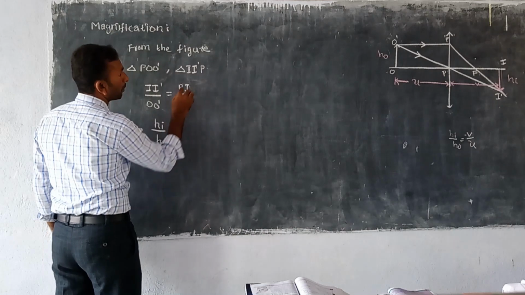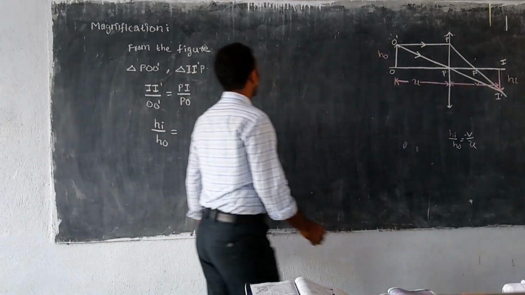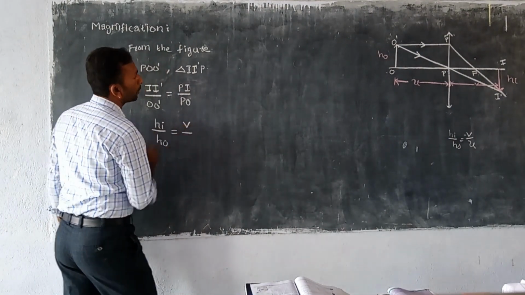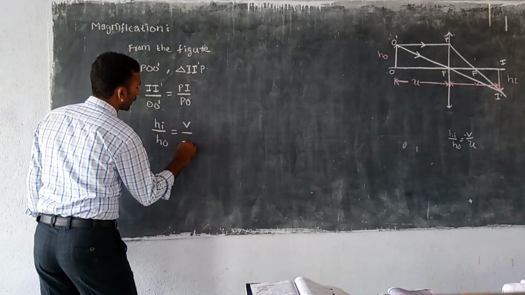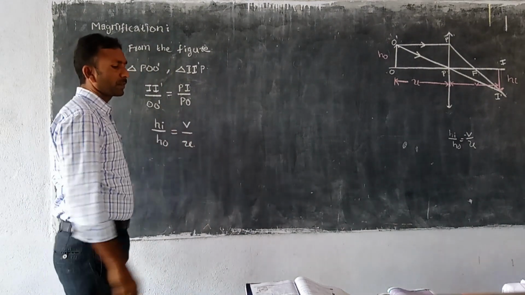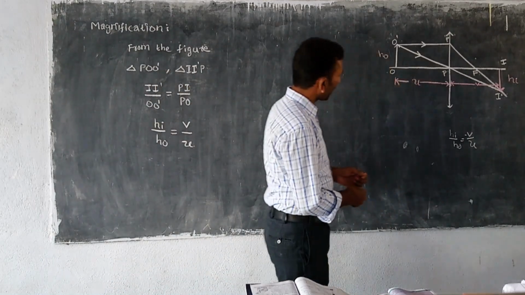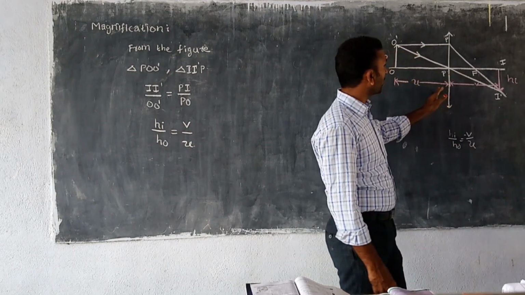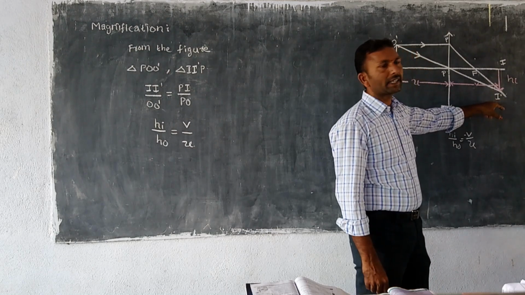And the next one, PI means image distance v, and PO means object distance u. From the sign convention, if any value is measured from the principal axis towards the downside, we take it as negative.